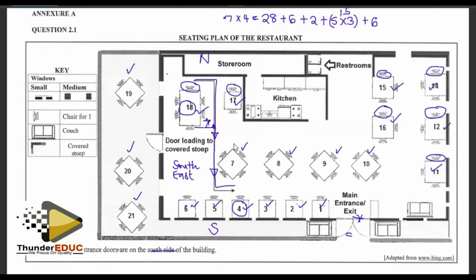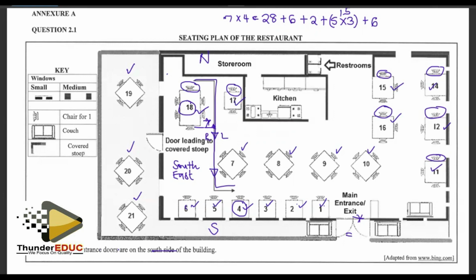As he's moving down, for you this is your left and this is your right, but for him, his left would be here. So he will turn left after table 7, then the person will be on the right-hand side after turning.